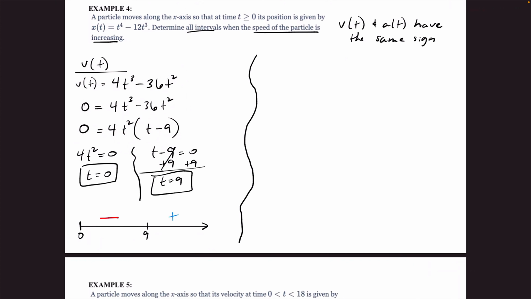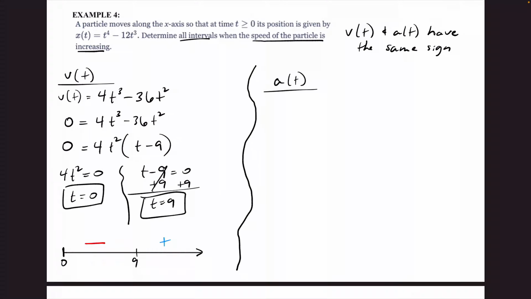This is nice. Now let's do acceleration. Acceleration is the second derivative. So a of t is equal to 12t squared minus 72t.